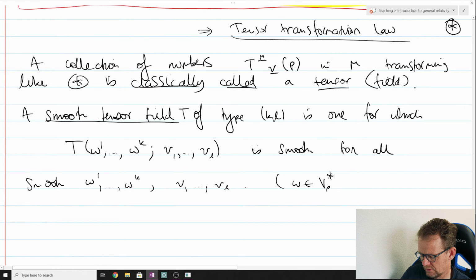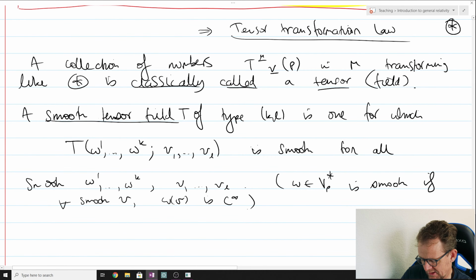So if you have a field of dual vectors, then that is smooth if for all smooth v, omega v is C infinity. Okay, this is how we can assess the smoothness of a tensor field.